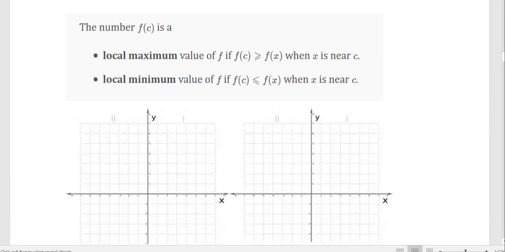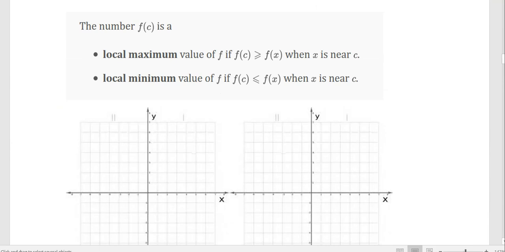Then we have this idea of a relative maximum or a relative extrema. When you see that word, extrema, that's just a catch-all phrase for min and max. So an absolute extrema would be talking about absolute maximums or absolute minimums.